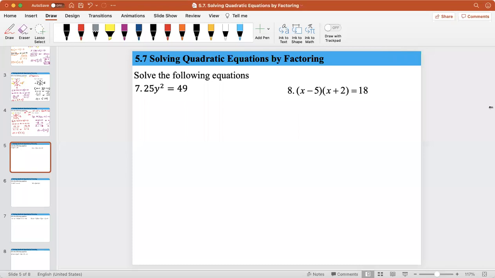Number 7, you have 25y squared equals 49. We know that this one is not in standard form because the right side is 49. We have to rewrite this in such a way that the right side is 0. So for 25y squared equals 49, we can get rid of 49 by subtracting both sides by 49.